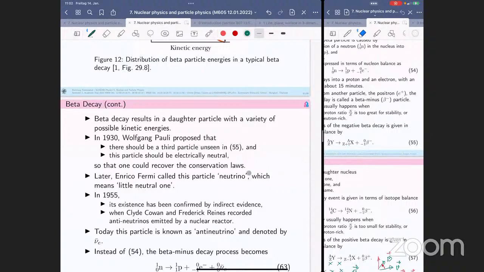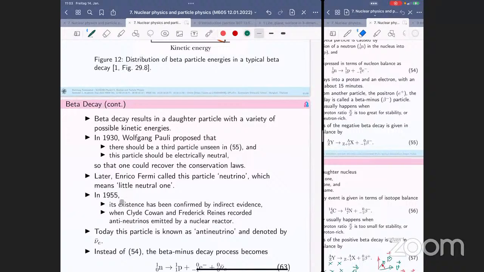Both Wolfgang Pauli and Enrico Fermi believed there should be another new particle missing in this process. Before that, scientists believed there should be only two particles, the changed element and the electron. But these two believed there should be a third particle with very tiny mass and neutral charge, neither positive nor negative.